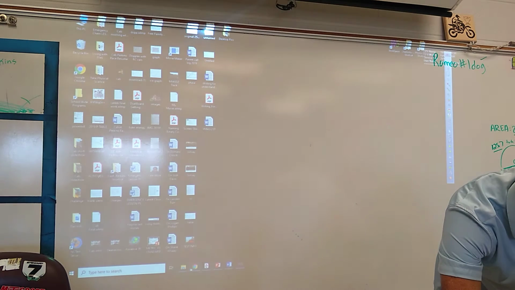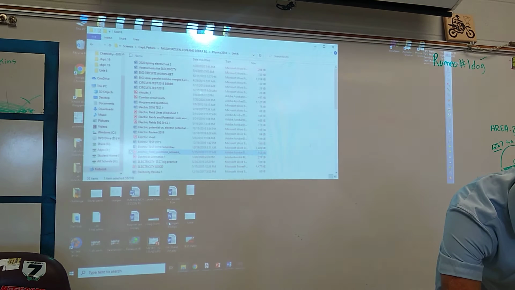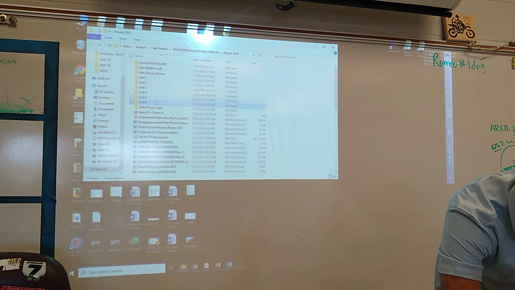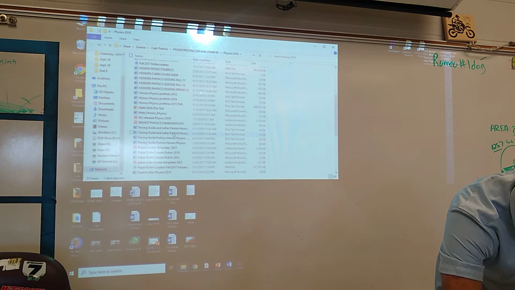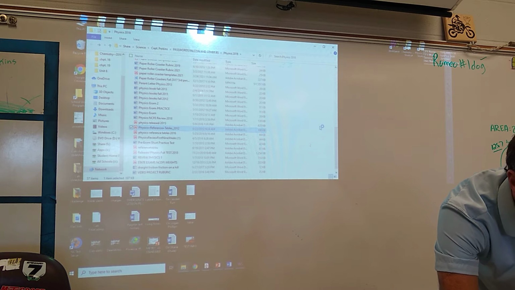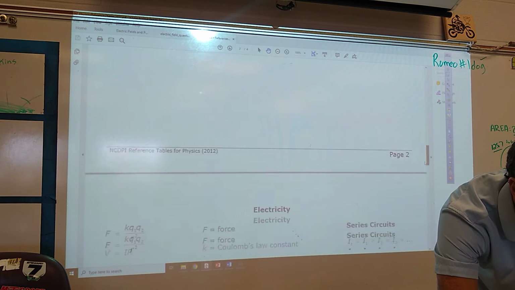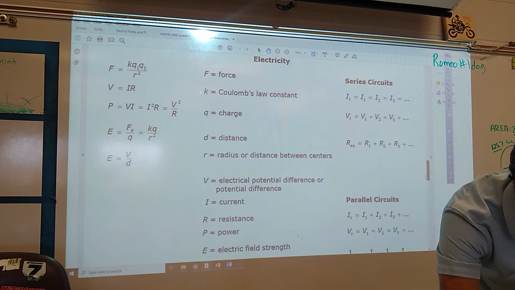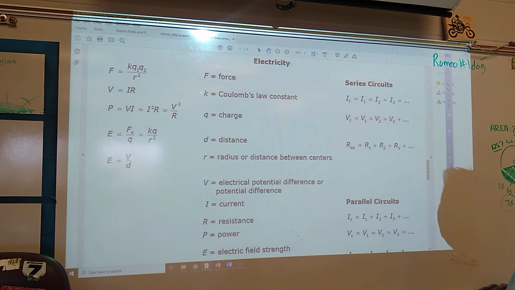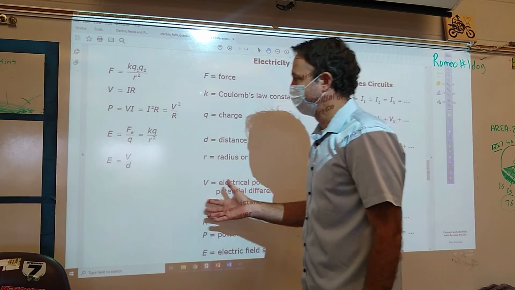And if we look here at our tables, we can see there are several formulas that include E. Look at these formulas right here.